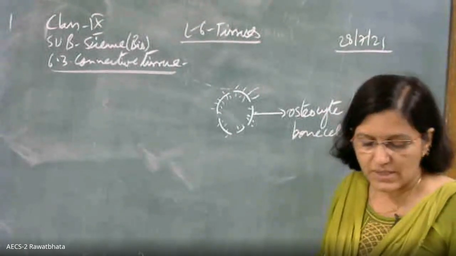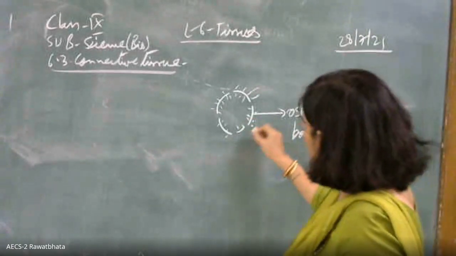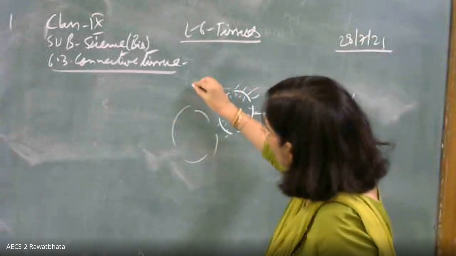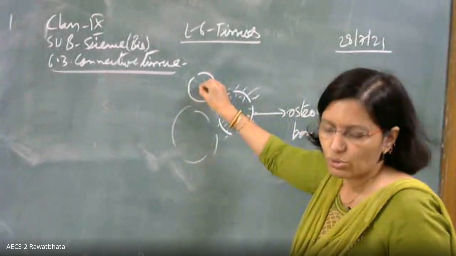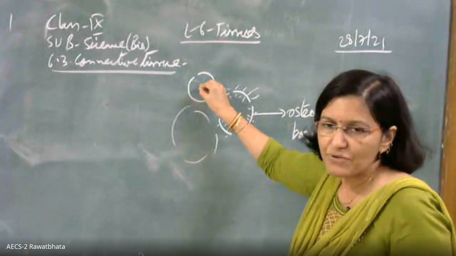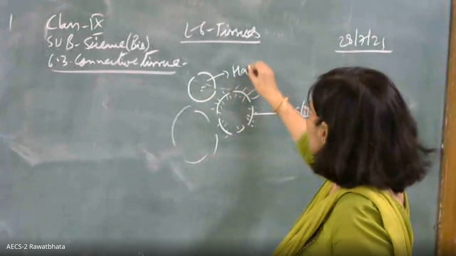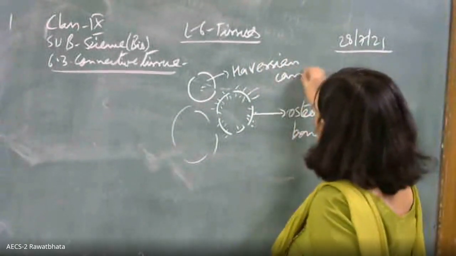So that means for sensation, nerves will be there. And those nerve cells, if the bone cells are arranged in this way, then in between them, near the bone itself, there will be the Haversian canal.